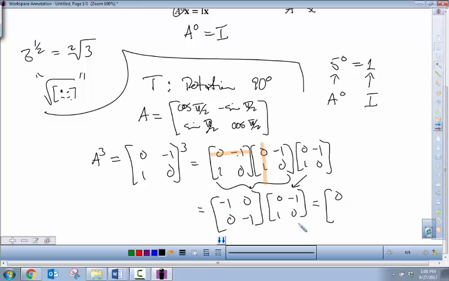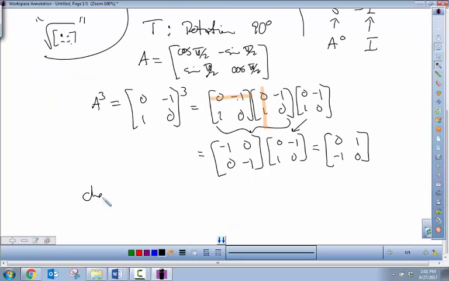The first row, negative 1 times negative 1 is positive 1. The second row, the first column, that's negative 1 again, and then 0, 0. Okay? So this is our A cubed.